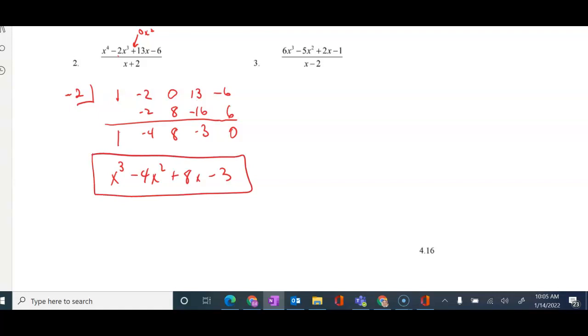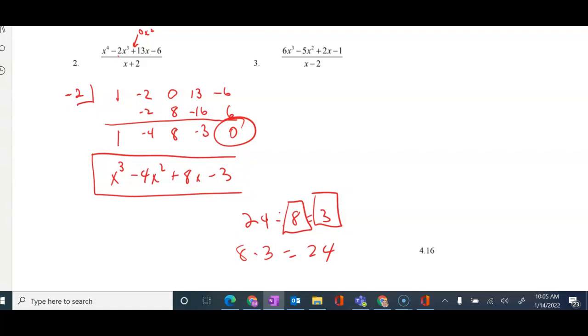Now that remainder of 0 is an important thing. I mean, if 24 divided by 8 equals 3 with no remainder, then 8 times 3 equals 24. 8 and 3 would be factors of 24. So in polynomials, whenever we have a remainder of 0, then the divisor and the quotient are both factors.